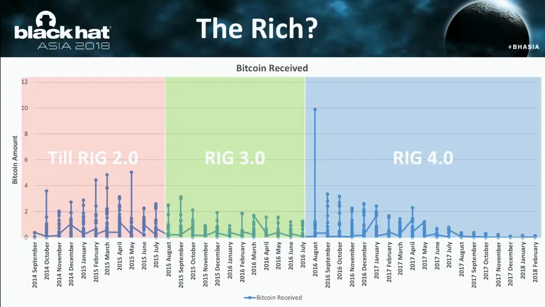And the second data here is also the income of the Bitcoin account. This is from September 2014 to February 2018. Did you find something interesting from this figure?